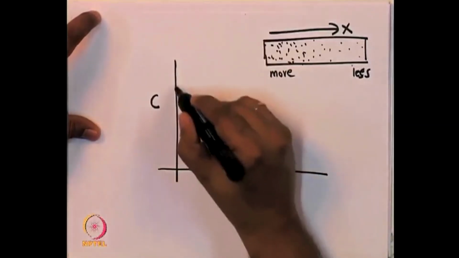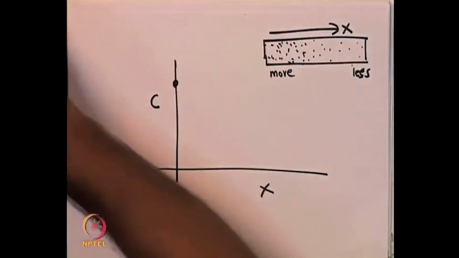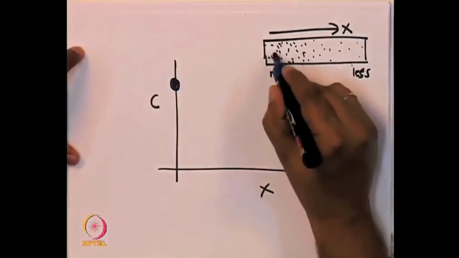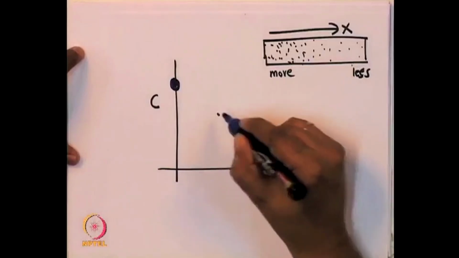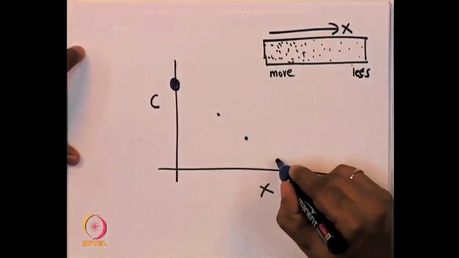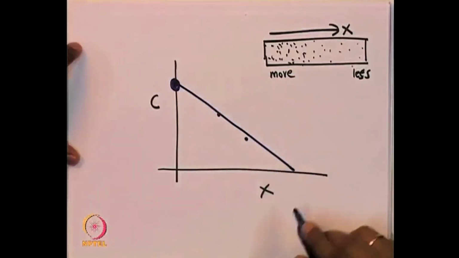At the left end there is large concentration, and as we go a little further, the concentration decreases, and further you go, the concentration decreases, and further the concentration decreases.